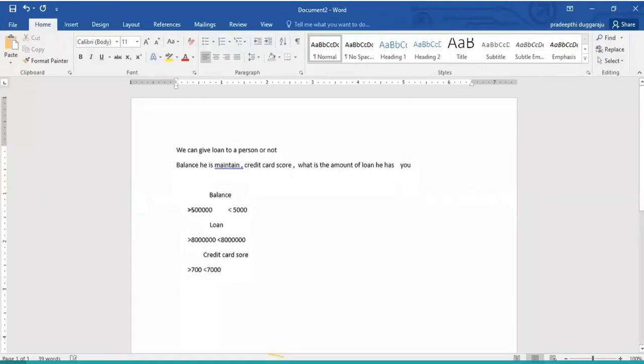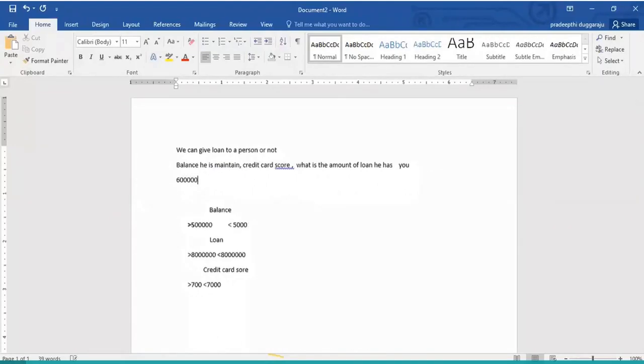So here I'll have some data like this. The balance he's maintaining is 60,000. The credit card score he has is 888. The loan amount is, suppose, 9 lakhs. Then you may grant the loan.